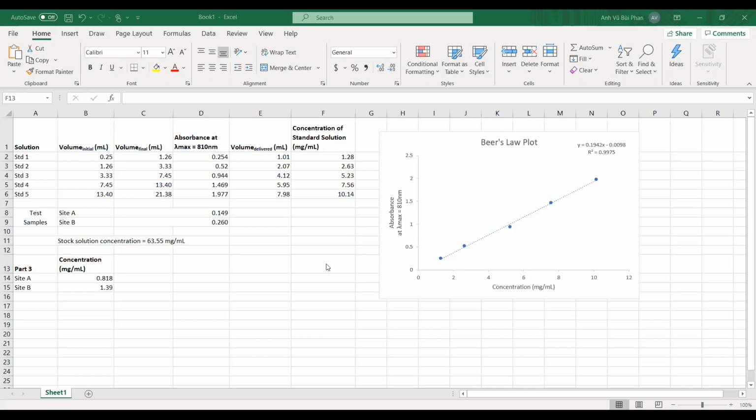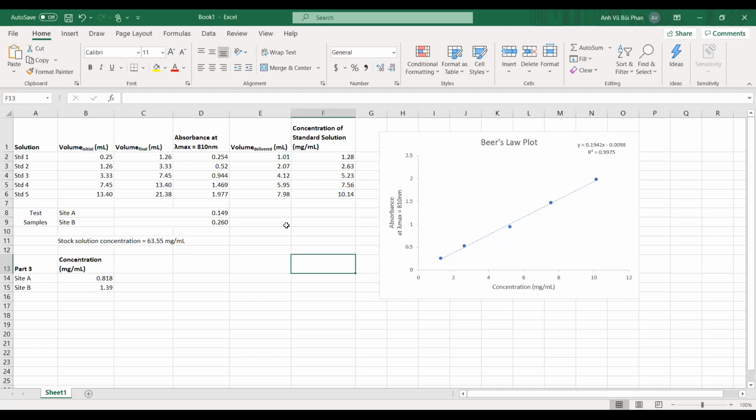They will produce a linear relationship with a positive slope. So you can determine the concentration of the solution and the absorbance of the solution by measuring it using the linear relationship from the graph, or vice versa. You can find the concentration using the absorbance.